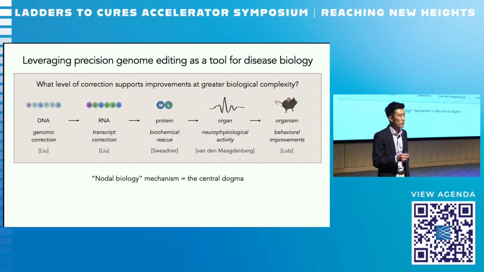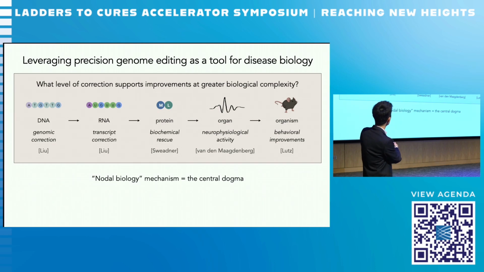And sort of going to the ladders to cures idea of identifying notable biological mechanisms, I think in the case of therapeutic genome editing, maybe the biological hypothesis is often quite simple. But I think now that we have these tools, we can actually use them to study biological questions related to disease and its progression.